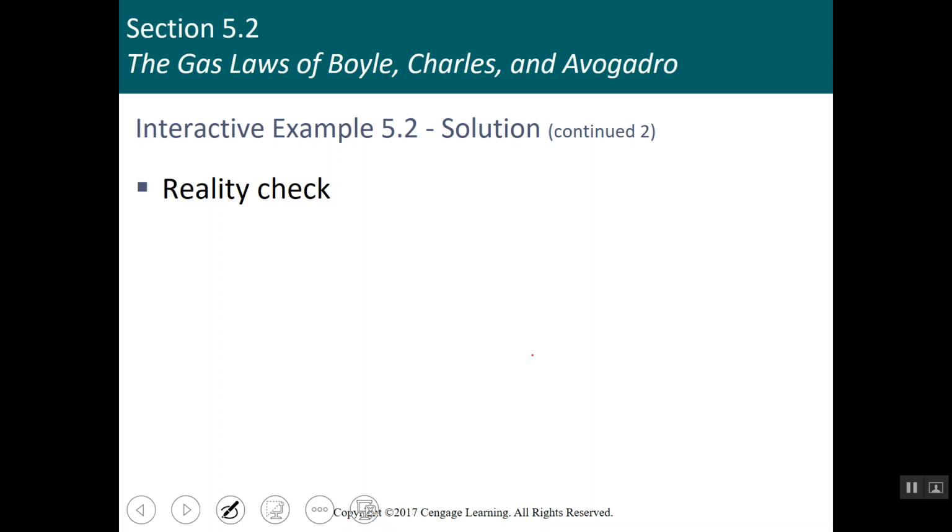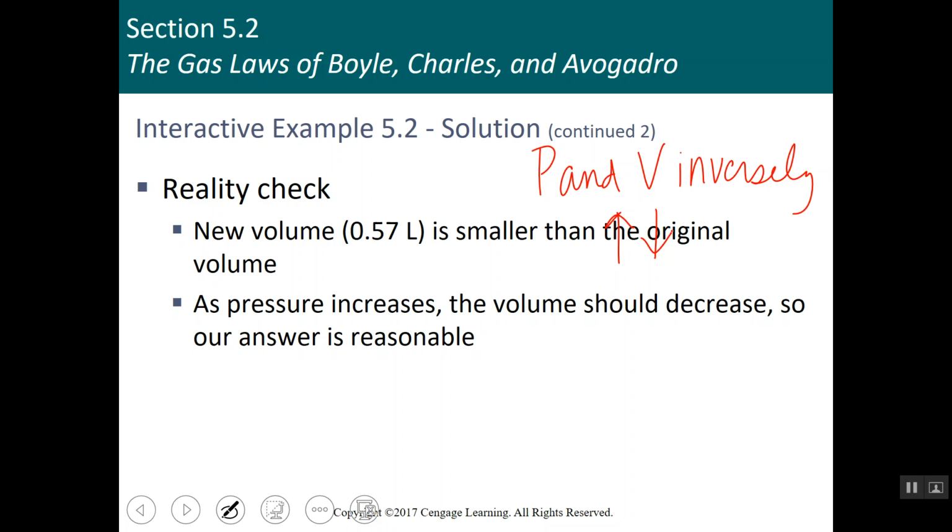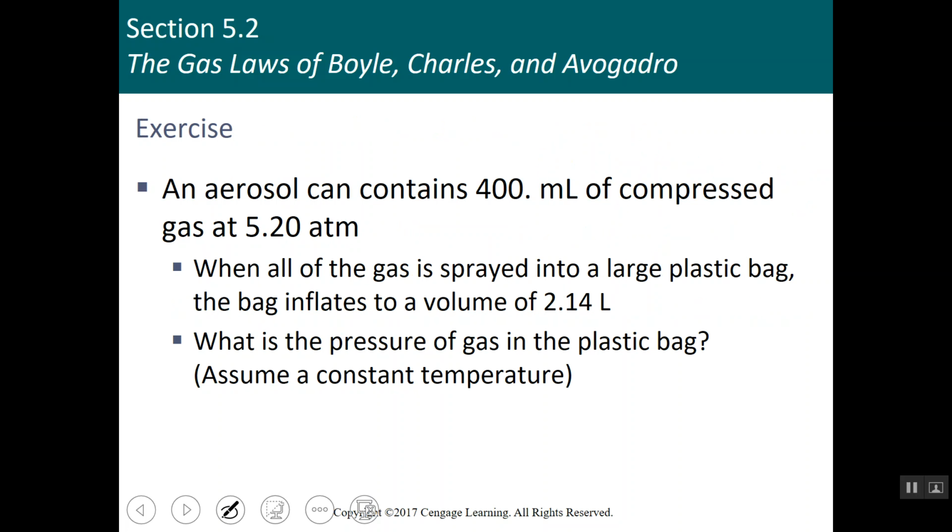Because pressure and volume are inversely related. So if one goes up, the other one should go down, and we increased the pressure, so the volume should have gone down, and it did. So with gas law problems, especially these simpler ones, you should be able to check your answer at the end to see if it makes sense.